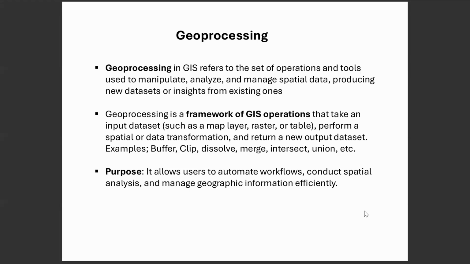Is that okay? So let's say you want to draw a circle around some part of your community, and you want to count how many houses are inside that circle. Let's say you have one or two borehole facilities in your community. Then you try to draw a buffer of 10 kilometers around it to see how many of the houses are located within 10 kilometers of the borehole.